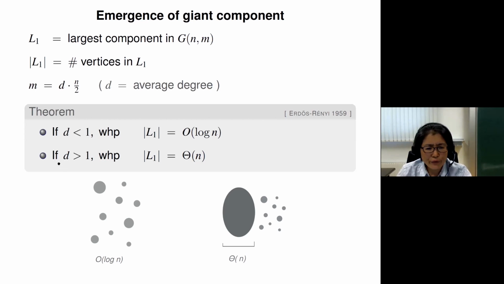On the other hand, if the average degree is larger than 1, then there is a component of linear order, while the other components are of much smaller order, indeed of order log n. Therefore, we call such a largest component the giant component, as I illustrated here, the big giant and the rest.